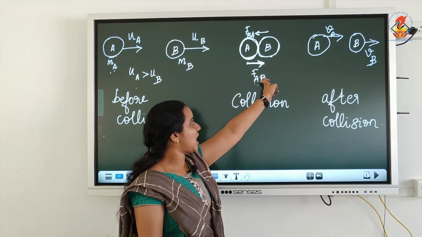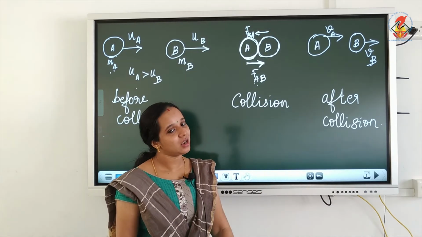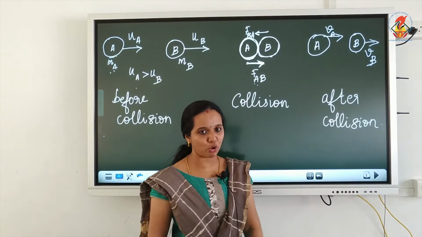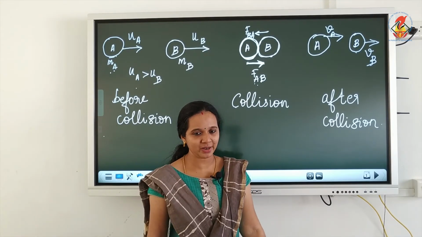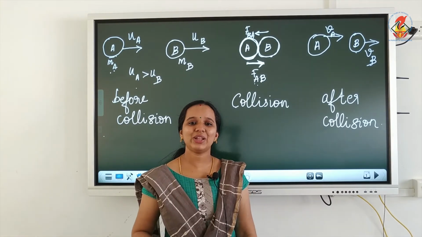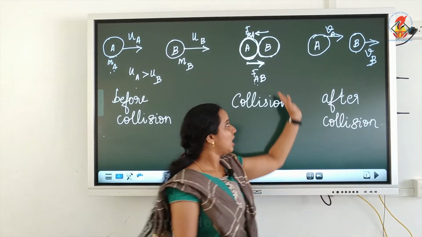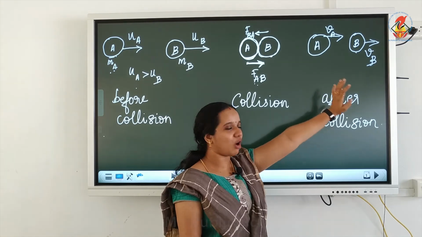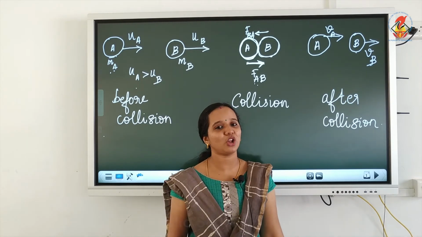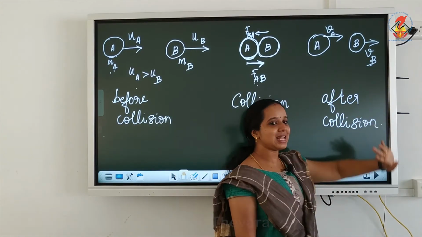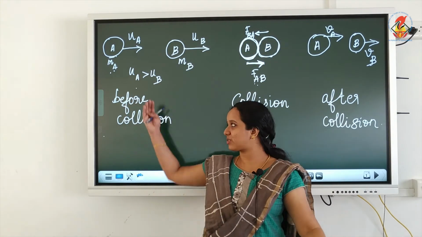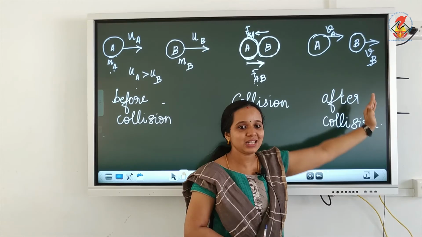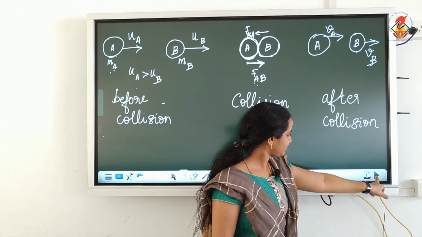Both the forces are equal but opposite in direction. So since they experience a force during collision, definitely they will have a velocity change after it. So after collision, both the balls will be moving with different velocities VA and VB. So these are the three cases: before collision, during collision and after collision.